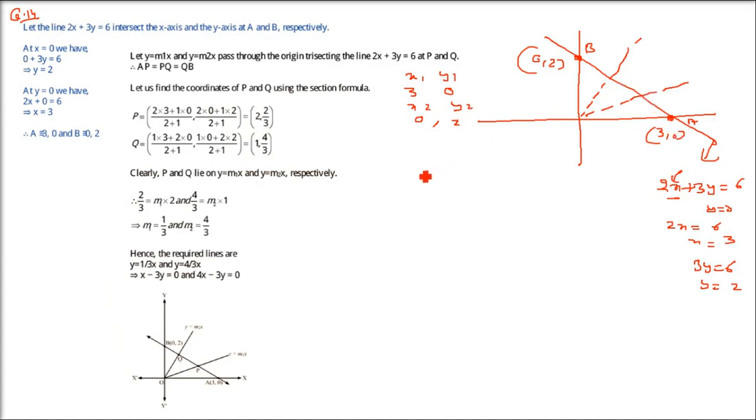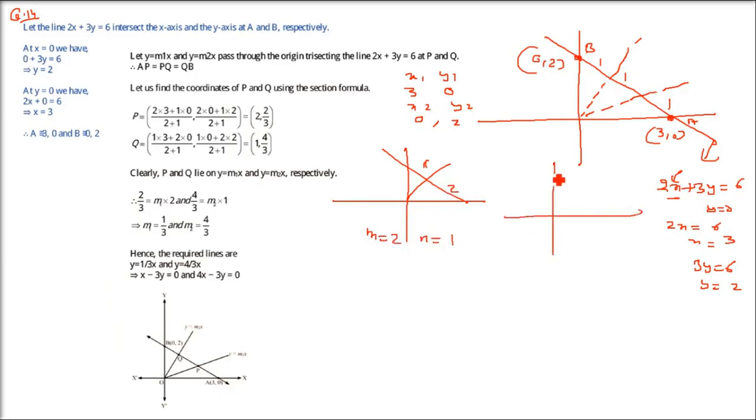Now m and n, for the first line, m and n, second line, m and n. In the first case, any line you can take. So I am taking this line now. So these are three portions, 1, 1, 1. Trisecting. Tri means 3. So this is 2 parts, this is 1 part. So m and n will be like this. M equals 2, n equals 1 in this case.